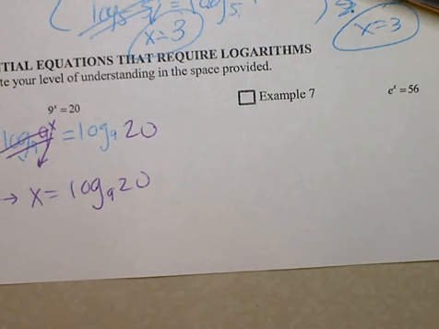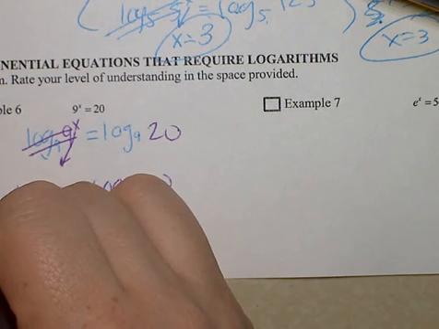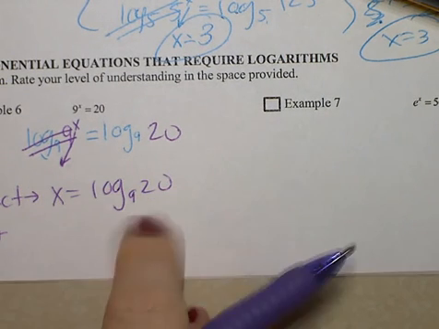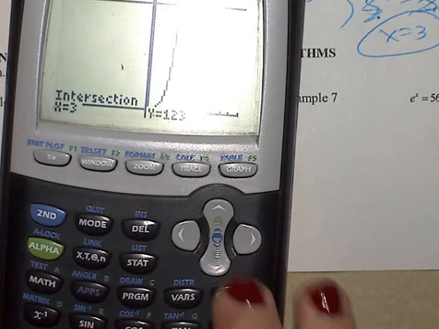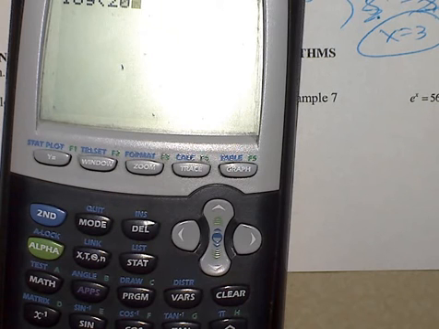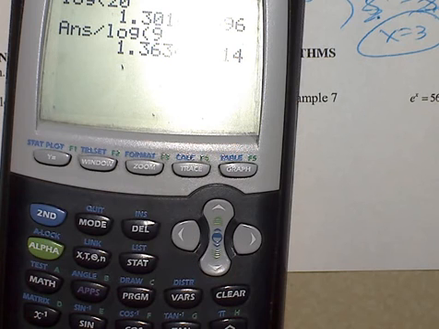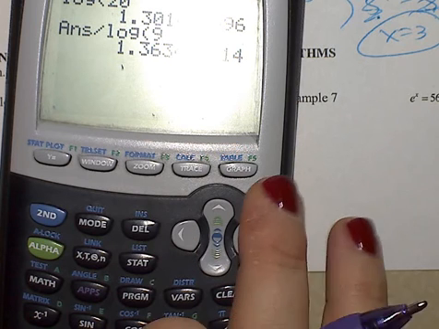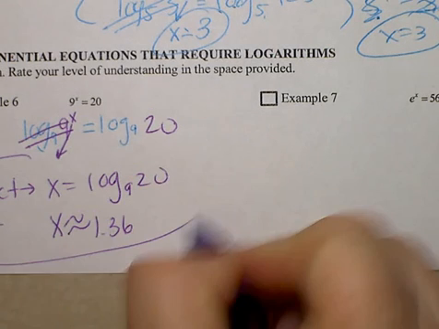If a question says what is exact, this is exact. If a question says what is the estimated, that's when you plug it into your calculator. Log of 20, go ahead and you're done, divided by log of 9. So it is approximately, if we round it to the nearest hundredth, 1.36. Exact and estimated.